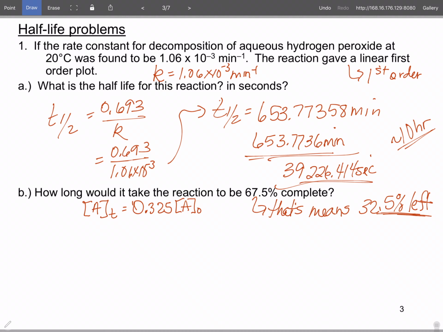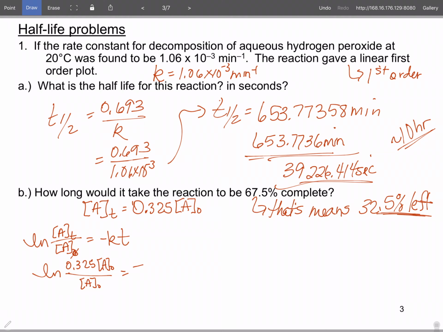So that's what we know. So we go back to our formula, which is the natural log of A sub T over A sub 0 is equal to minus K times T. Okay, so we have the natural log of 0.325 A sub 0 divided by A sub 0 is equal to minus... Now, here I didn't specify.